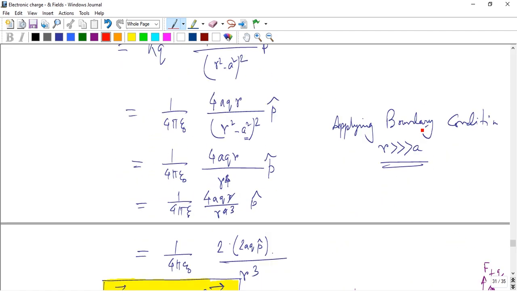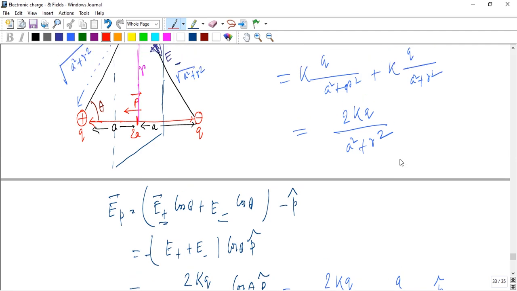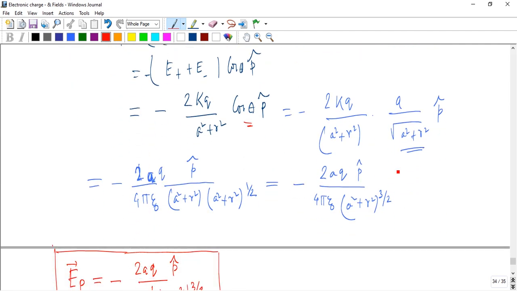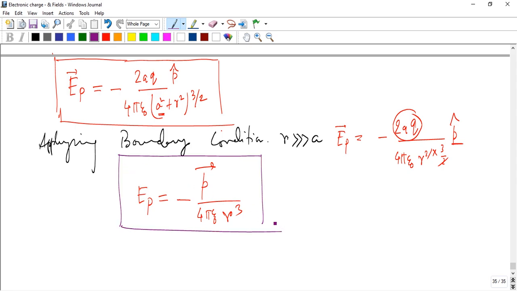So that is p vector, dipole moment, over 4 pi epsilon naught times r cube, and that is the final answer after applying the boundary condition where r is much greater than a for the equatorial plane.